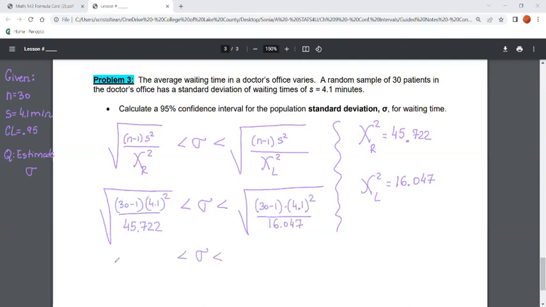So if you've done this correctly, your answer should be 3.66 on the left and 5.512 on the right. So the standard deviation is between 3.266 and 5.512 minutes. With this, I conclude the video.